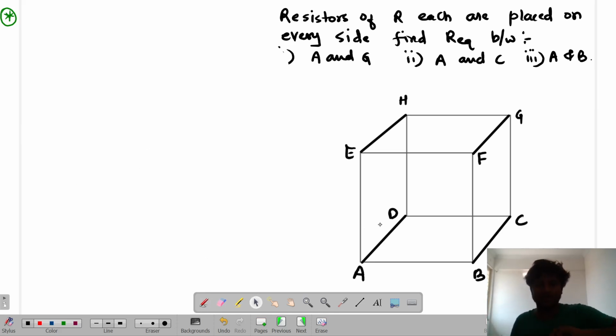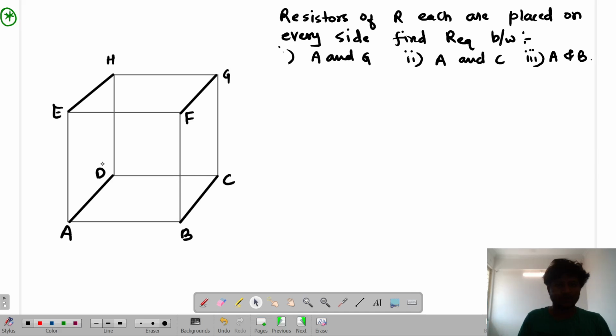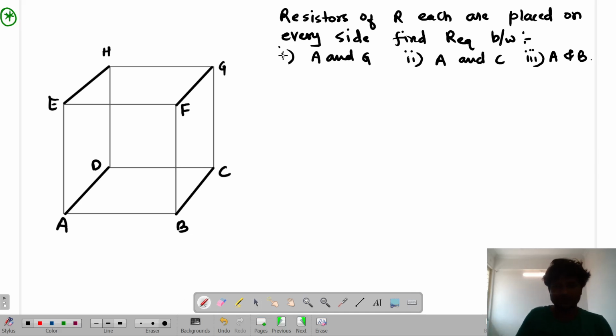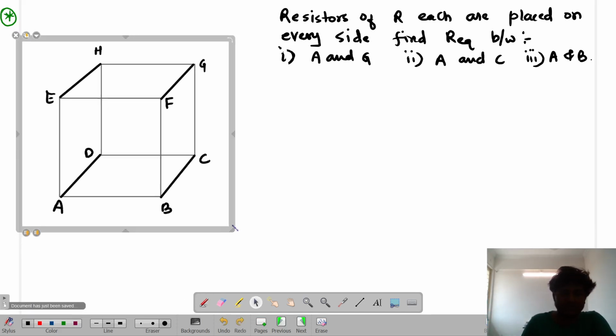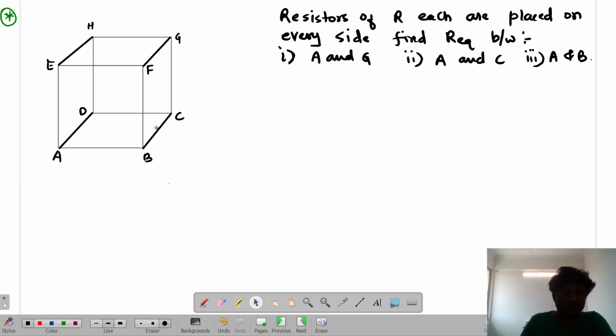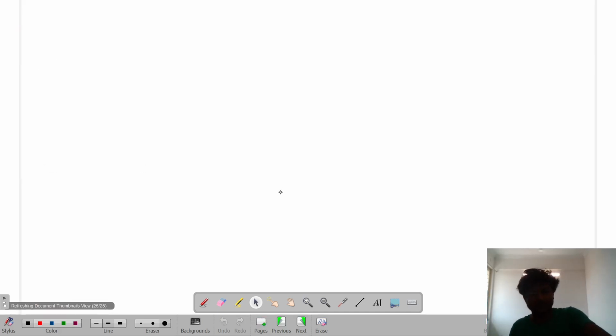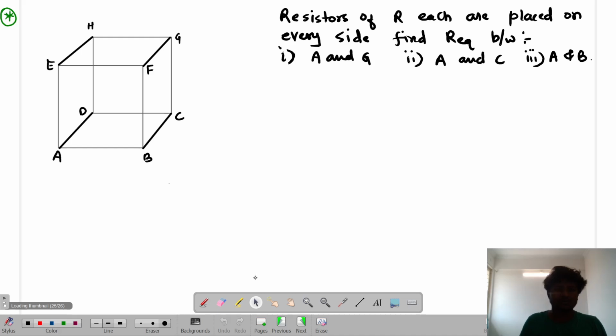Now I can do the first question. Find the equivalent resistance between A and G. Let me paste it in other pages also, because I have to do 3 questions.